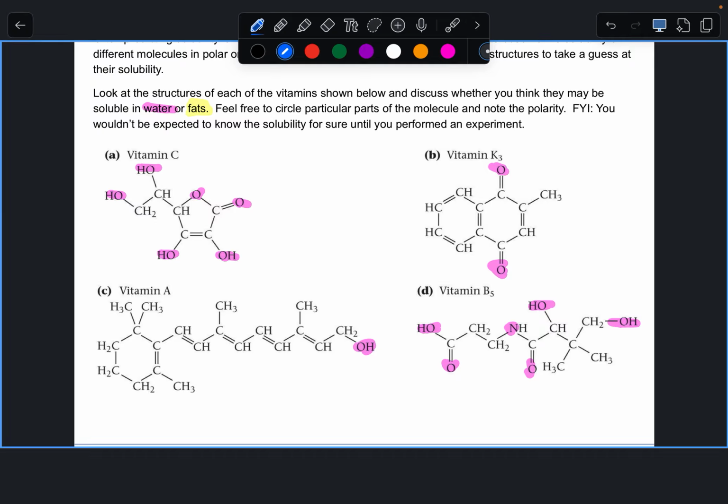Because we know that when we're talking about intermolecular forces, that OH bond creates a significant partial negative on the oxygen, much more so than just a carbon bonded to an oxygen, okay? So those do have some polarity, not nearly as much as the OH, but also, do you see how on vitamin K, they're kind of isolated on one side of the molecule, or I guess two sides, not all areas? Whereas in vitamin C, it's all really spread out, okay? So my guess is vitamin C, not just my guess, I know. Vitamin C is water soluble.